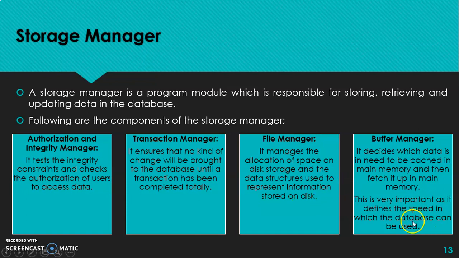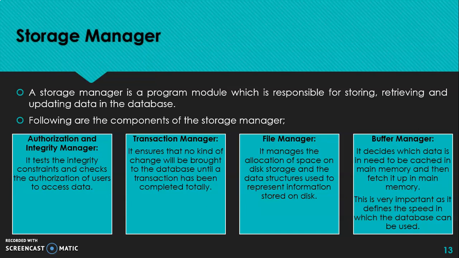Then we have a buffer manager. Now it decides which data needs to be cached in main memory and then fetched into the main memory. It is very important as it defines the speed at which the database can be used. Now generally we have a cache memory, that is the fastest memory. So buffer manager will see, okay, whatever the data is required, that is brought to the cache memory as fast as possible.